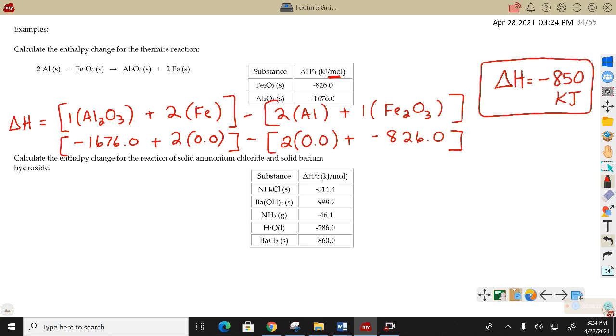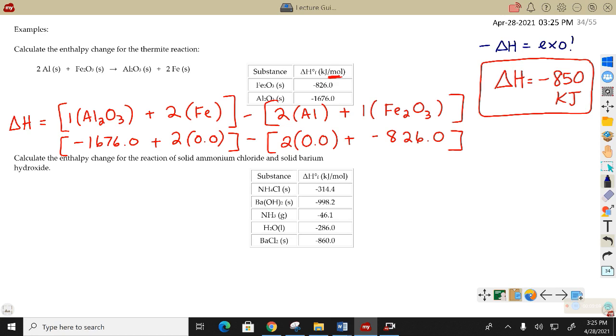Now, one thing that we should make note of is that once I get my final energy value, and we've seen this sprinkled throughout other units, when I have a negative delta H, that means the reaction is exothermic. That this is 850 kilojoules released to the surroundings. I should see evidence of energy being released, whether it's in the form of heat or light.